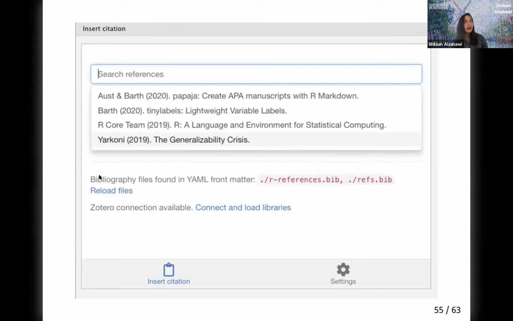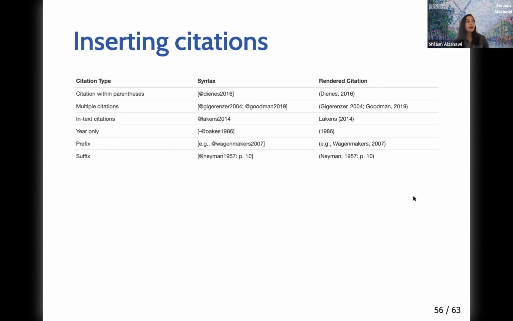You just click add-ins, insert citation, and then you can search through your reference list and click on any reference you want to add. Here you also see the possibility to connect and load your libraries, to reload your files, etc. So it's a really great way to automatically update your references. Anytime you add a new paper to your Zotero, it can automatically be integrated with RStudio, simply by clicking this connect and load libraries option. So this is how you insert citations.